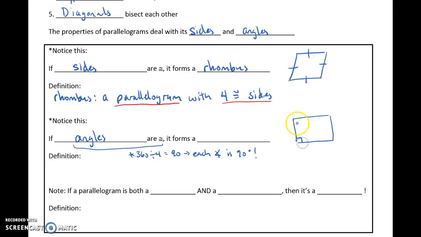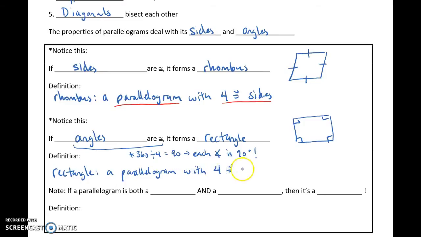So that's what makes this a rectangle. Okay? So by definition, a rectangle is, again, a parallelogram with 4 congruent angles that happen to be 90 degrees.